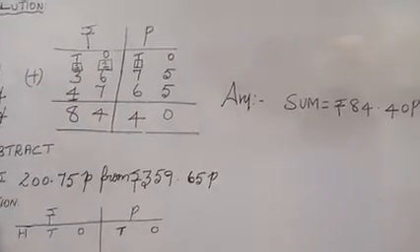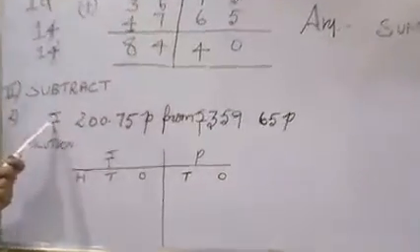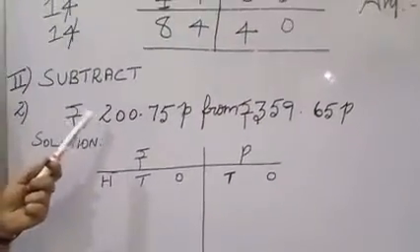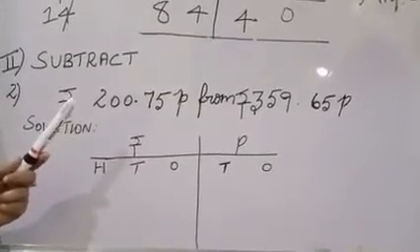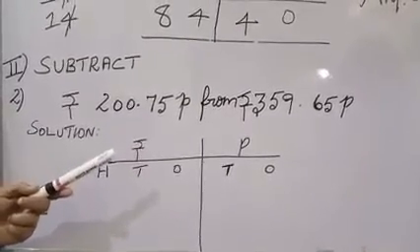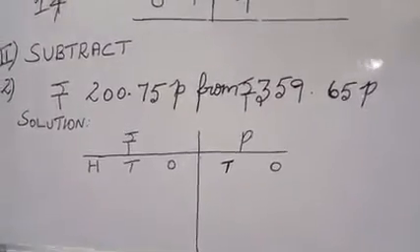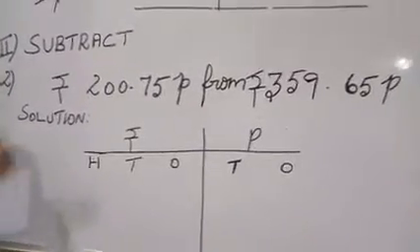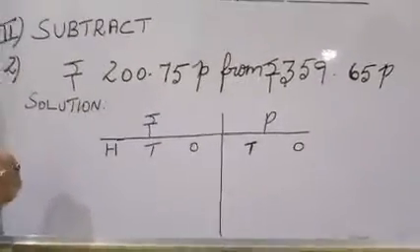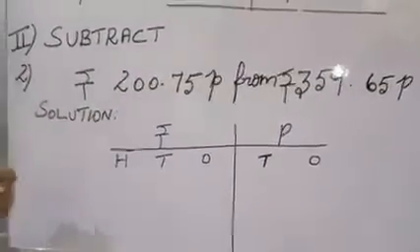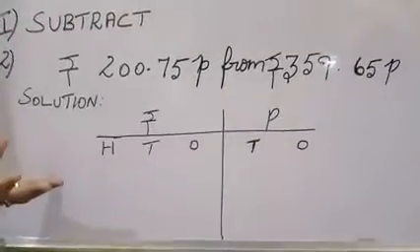Our next problem, subtraction. Subtract 275 rupees from 359 rupees and 65 paise. Children, this is subtraction. So which one comes first? Yes, very good. The greater number should come first. So which one is the greater number here?